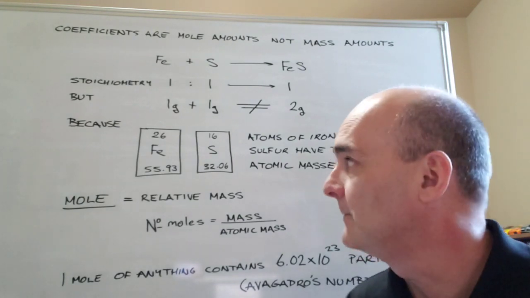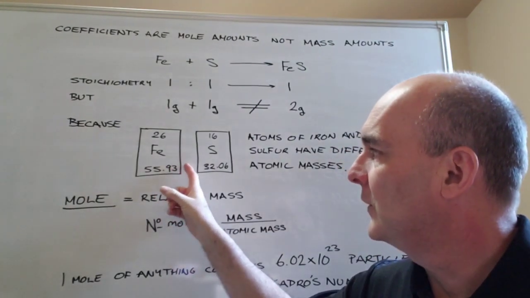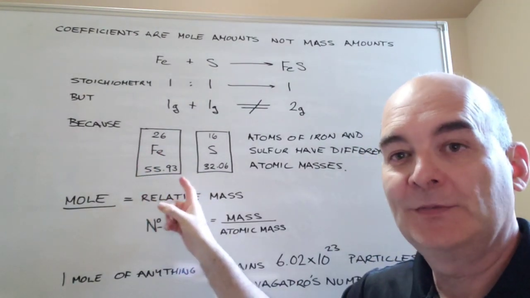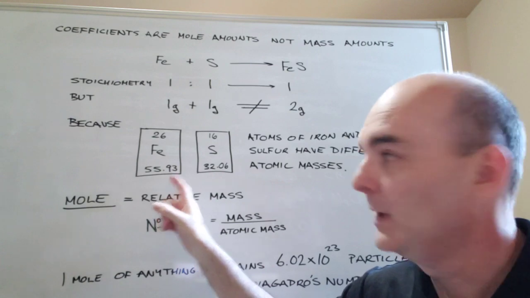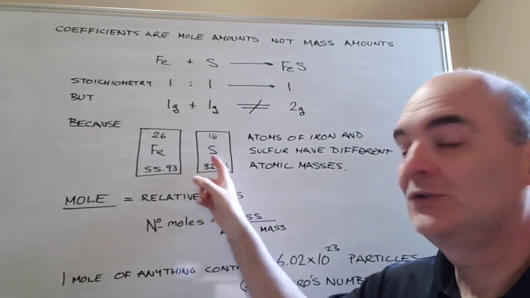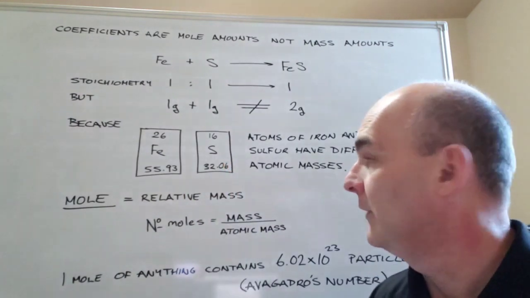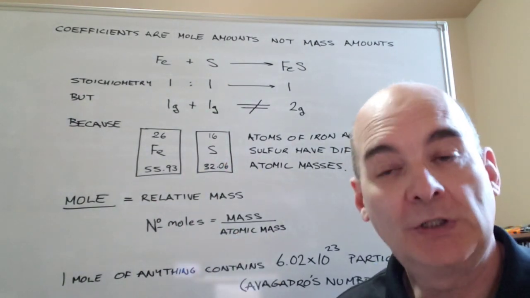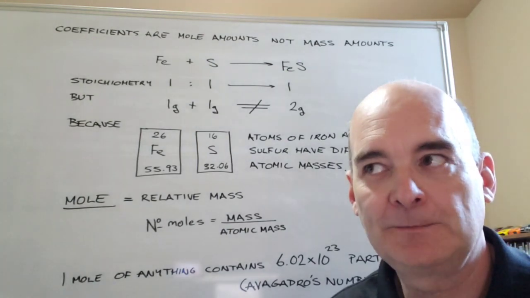That's false logic. If we took 55.93 grams of iron and we reacted it with 32.06 grams of sulfur, those two samples would contain the same number of atoms.